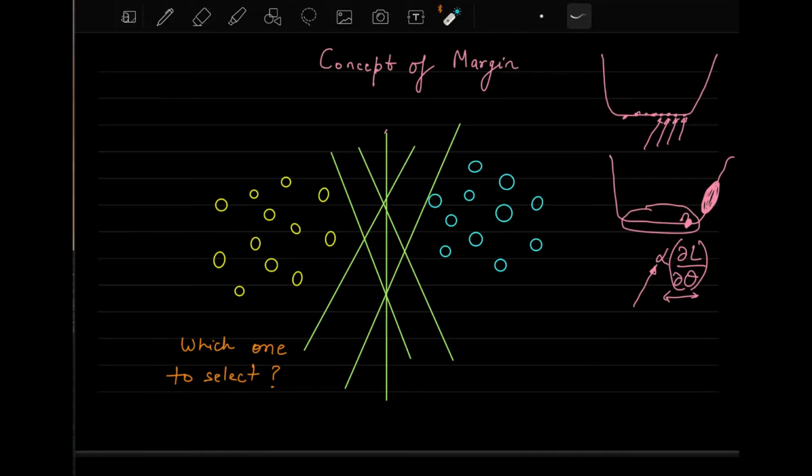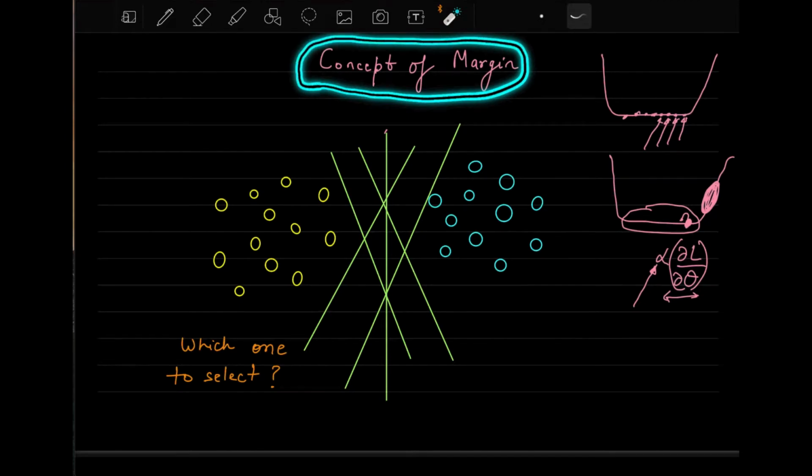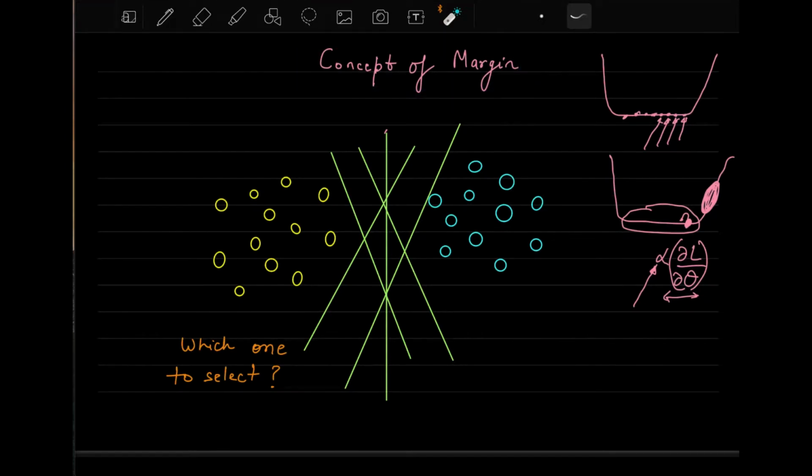So this is the line selected because you are maximizing the margin here. That is what we are discussing today, which is the concept of margin. What the margin is doing is you are setting up a line in your mind, and you want to maximize it. So this is the line which has the maximum margin because it's equal from this side and from this side also.